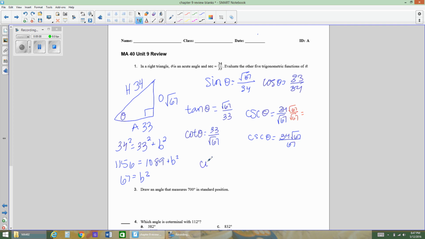Go ahead and rationalize your denominator, and you get 33 radical 67 over 67. Now I have lots of answers here. I have cotangent, cosecant, tangent, sine, and cosine. So all that worked, but we've got our 5 answers.